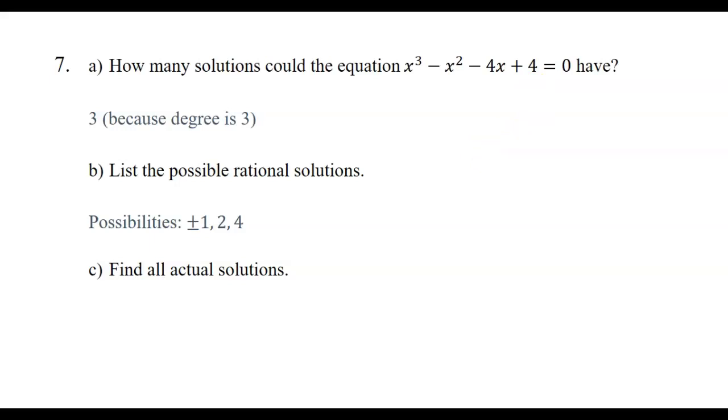Now, the problem with that is that it would only show us real zeros. So if there were any imaginary zeros, we wouldn't know what those are. And we'd have to be able to tell from the graph exactly where the graph was crossing the x-axis. But that might help.